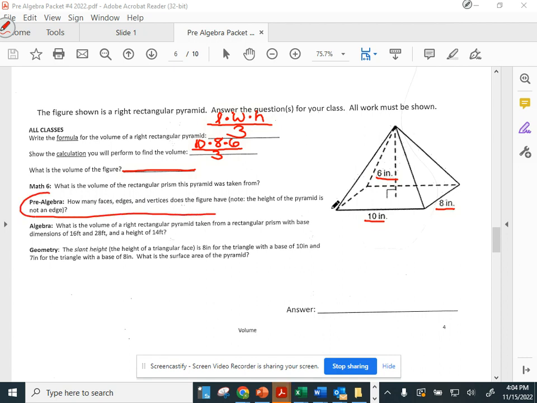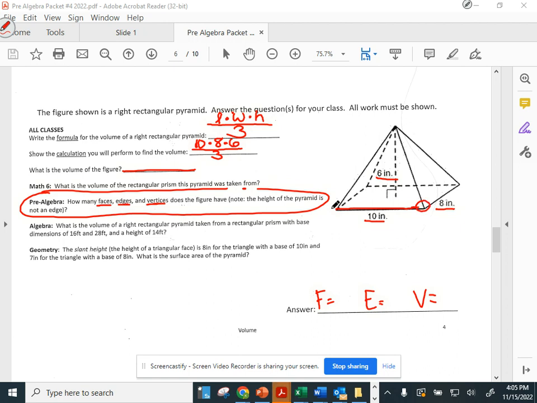Now for pre-algebra, we need to find how many faces, how many edges, and how many vertices. So our faces are the sides of our shape. Our edges are the lines, and our vertices are all of the corners.